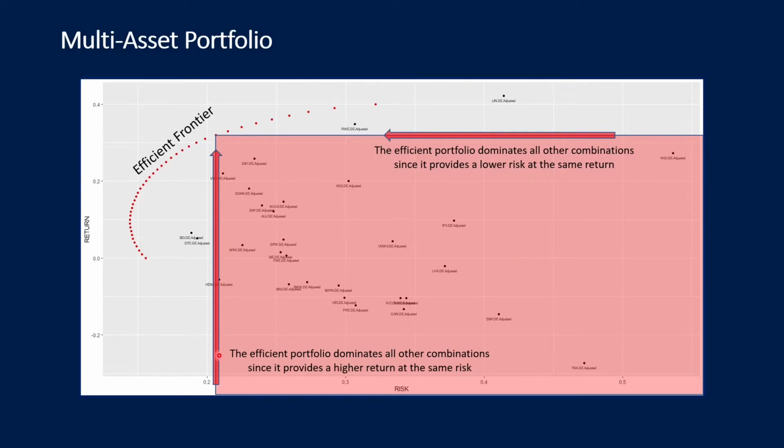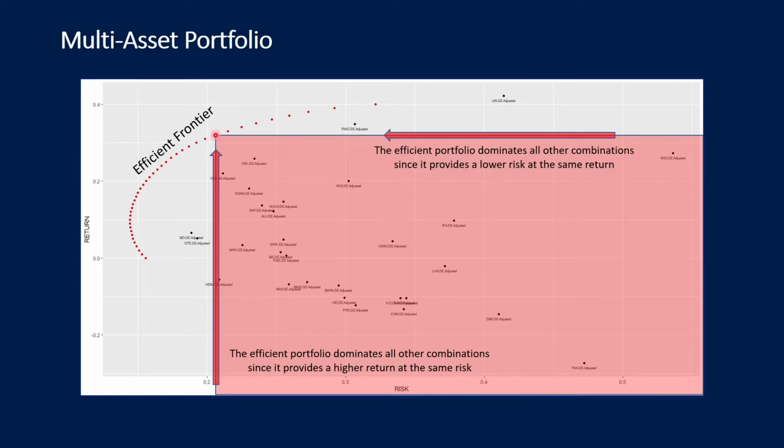Now let's go along this line. Here, for example, we find Henkel. Henkel is dominated by this portfolio because it bears the same risk but at a higher rate of return. And all others, of course, are combinations of these two effects. That is what we call mu sigma dominance.